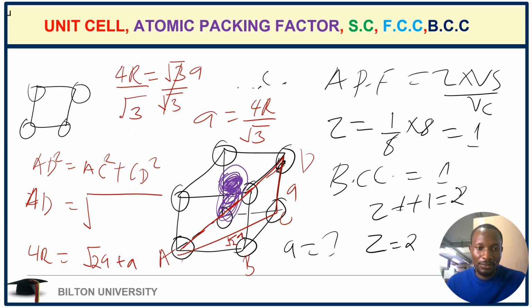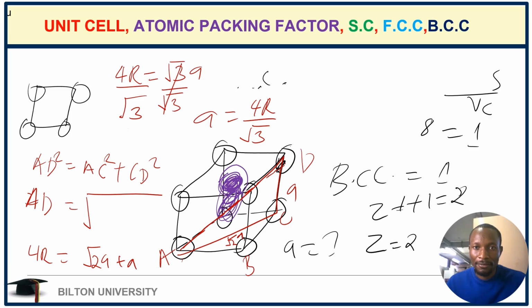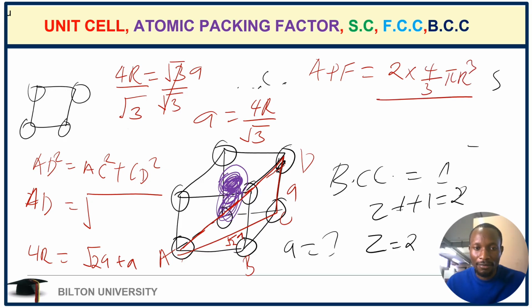From here, we can substitute and calculate our A.P.F. The A.P.F, the atomic packing factor, is equal to Z, which is 2, times 4 over 3 pi R cube, over our volume VC, which is equal to A cube, with our edge length 4R over root 3, cubed.